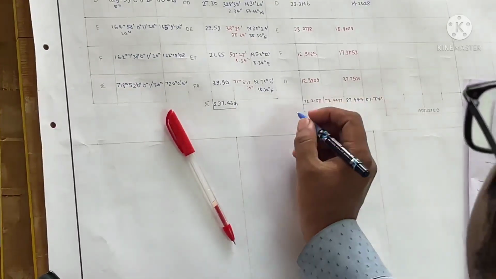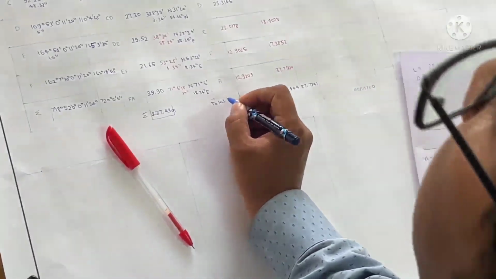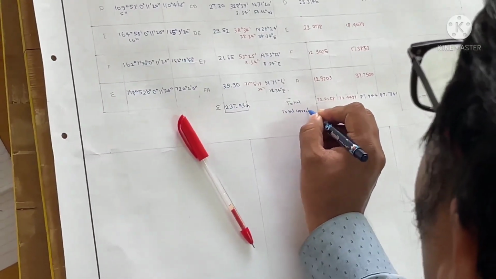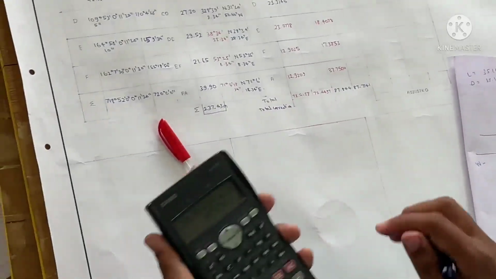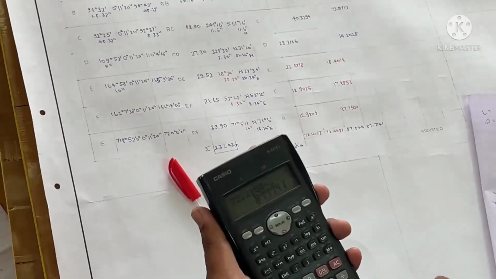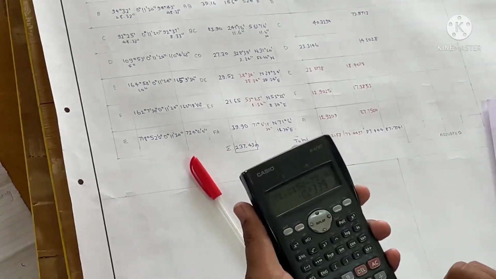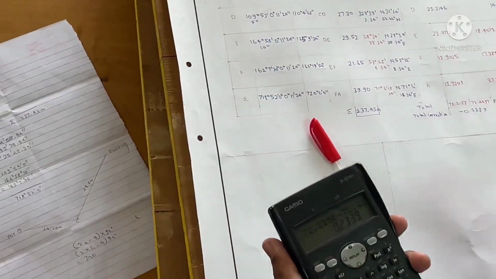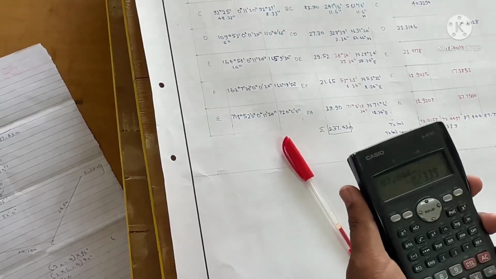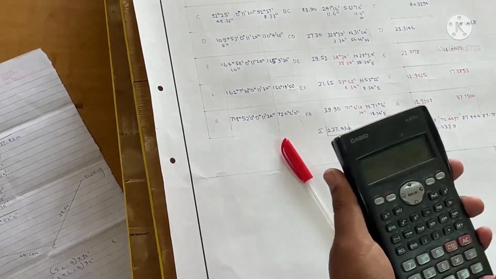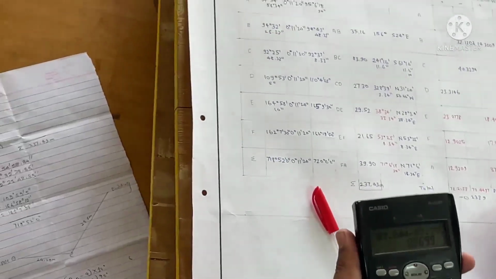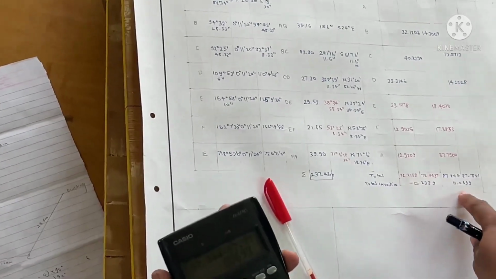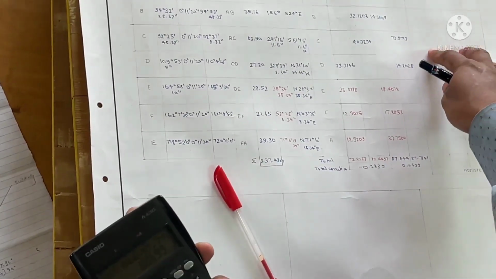The total correction that we are going to apply is the difference of northing and southing: 72.2158 minus 72.4497, so it is minus 0.2339, and easting minus westing is 87.844 minus 87.7741, so it is 0.0699. Now, with the help of these corrections, we are going to calculate the further corrections.